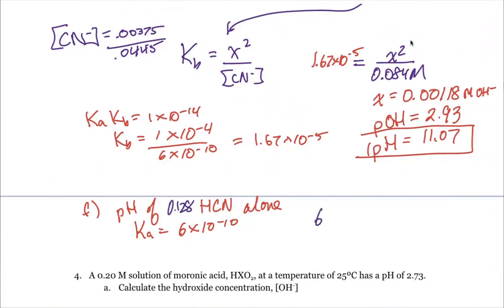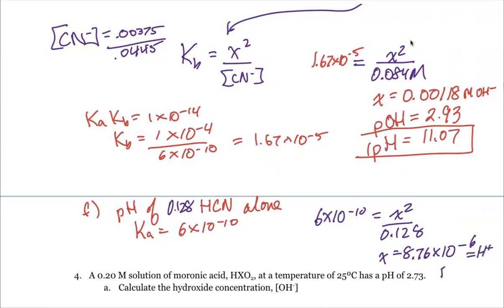So this is a weak acid problem. X equals 8.76 times 10 to the negative sixth, and that's H plus, giving me a pH of 5.06.